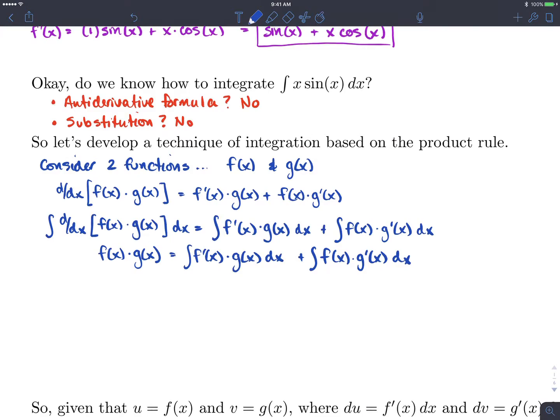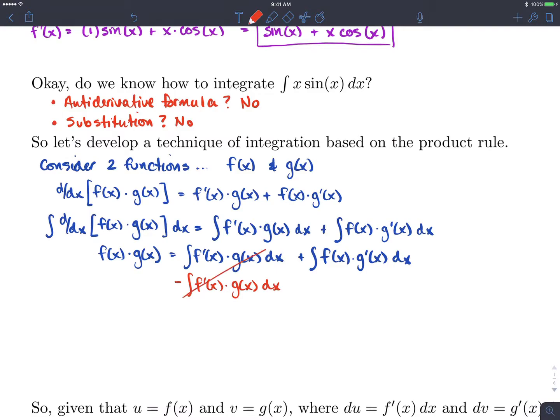Now, it really doesn't matter which one we subtract from both sides, but conventionally I'm going to choose to subtract the integral of f prime of x times g of x dx from both sides.